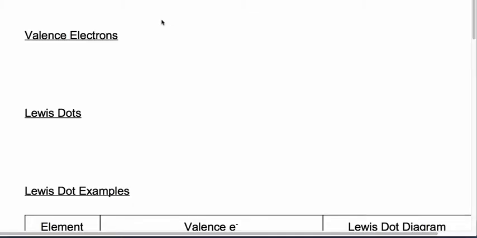The first thing that we've alluded to is this idea of valence electrons. These are the electrons that are responsible for bonding, and we're going to call these electrons the outer S and P electrons. And there is a max of 8 valence electrons. And we're going to do that in a moment.